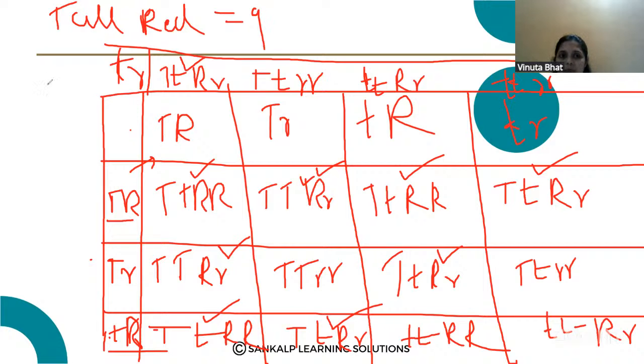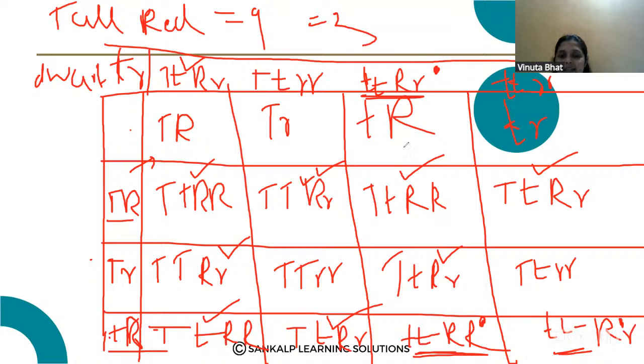Then dwarf, red color. Dwarf means small t. Here 1, 2, 3. These are dwarf plants, but they are producing red flowers. So they are 3.